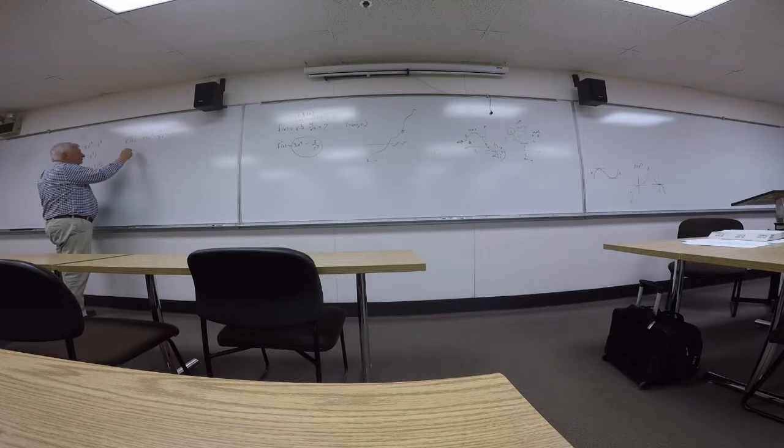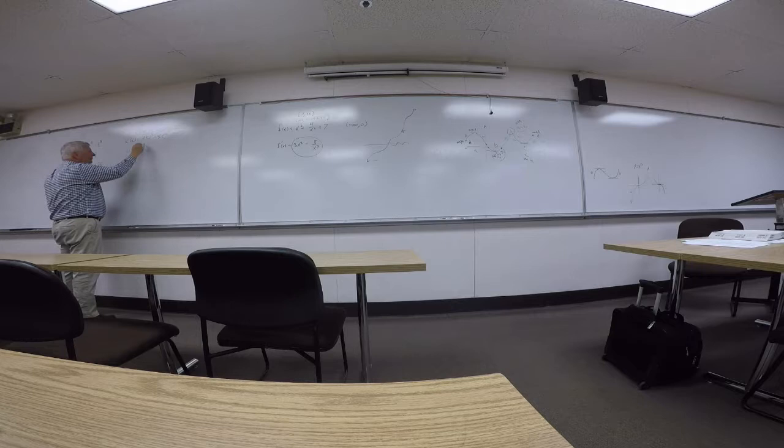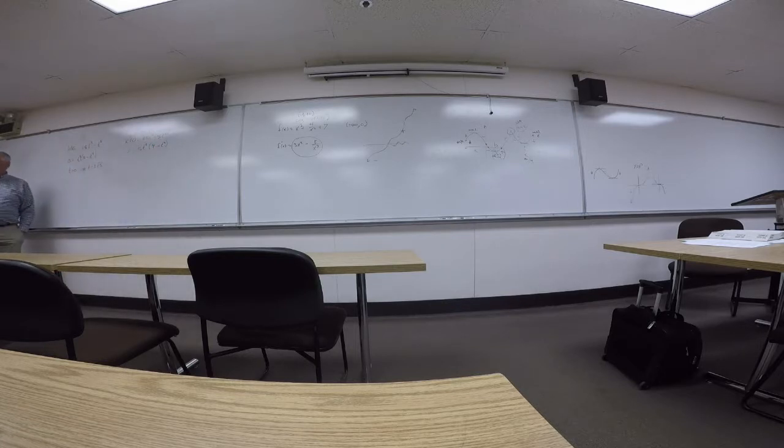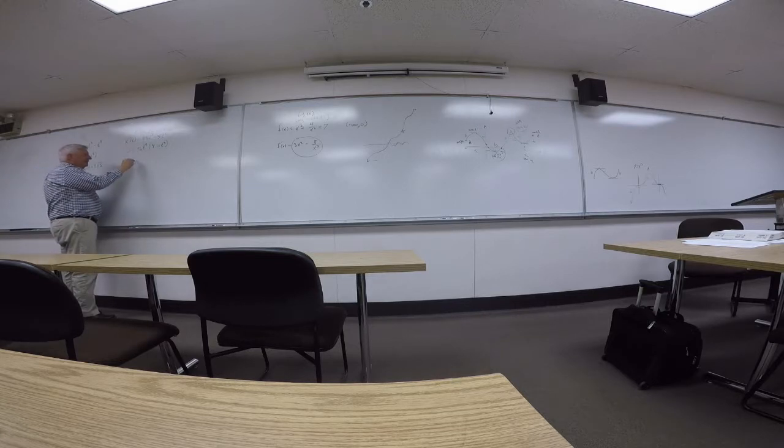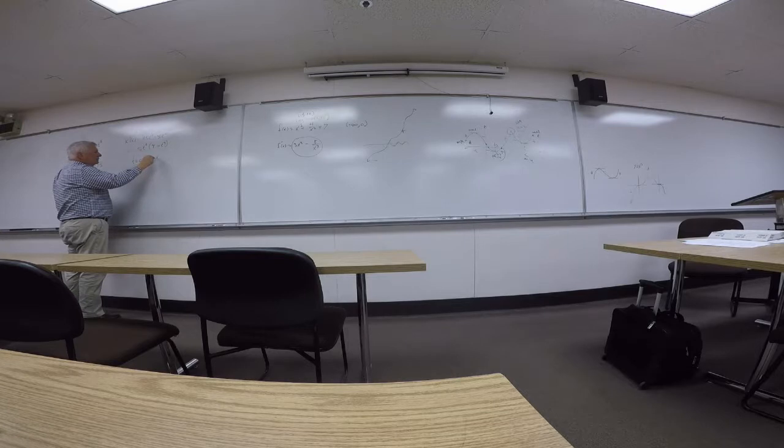I'm going to factor 5 times t squared times 9 minus t squared. So our 4 zeros for the derivative are t equals 0, t equals 0, t equals plus or minus 3.